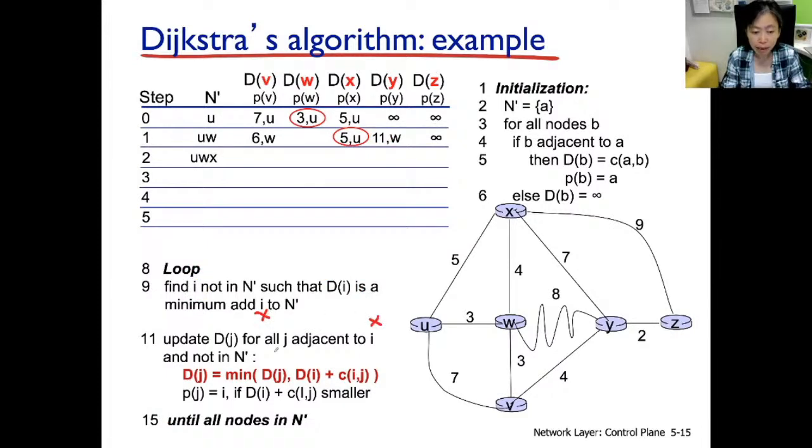So we'll be examining all the nodes adjacent to X next. The adjacent nodes include U, W, Y, and Z. We'll be going over all the nodes adjacent to X but not yet in N prime. U and W are already in N prime, so we will not be updating du or dw. So let's update dy.